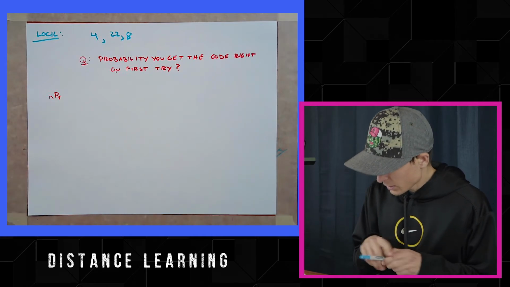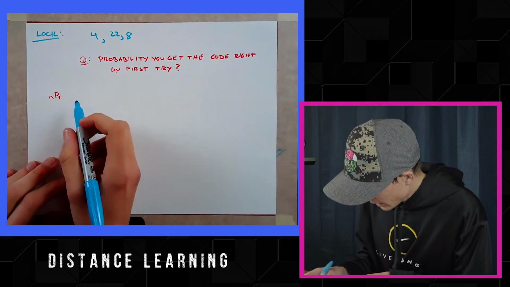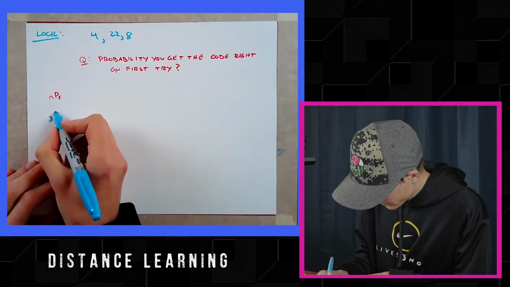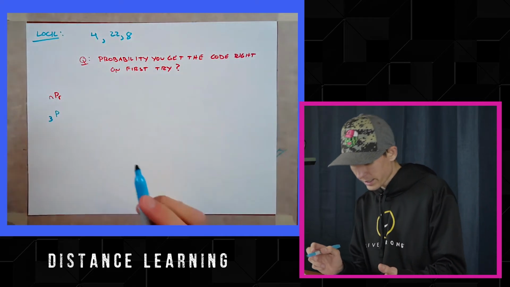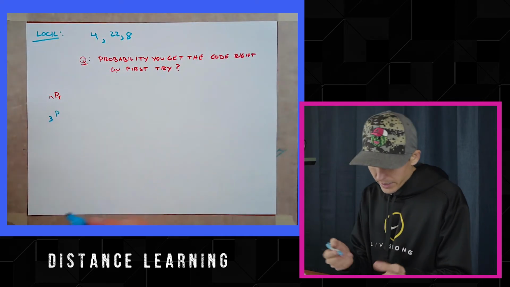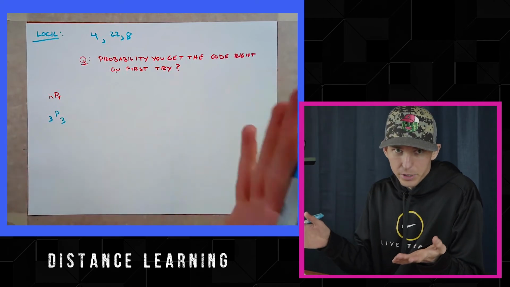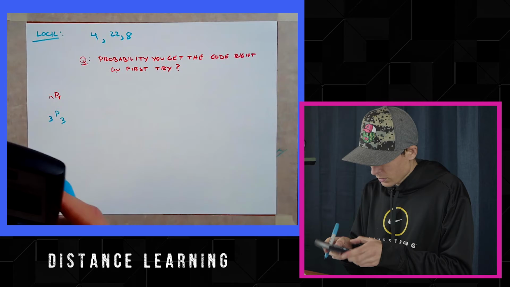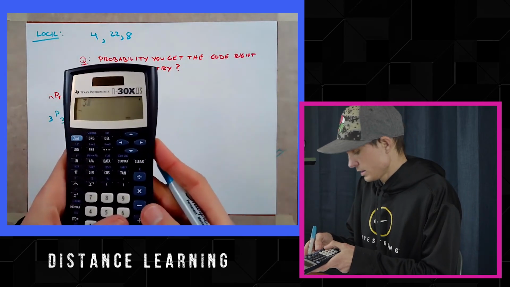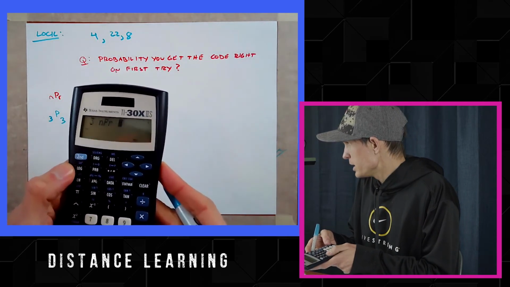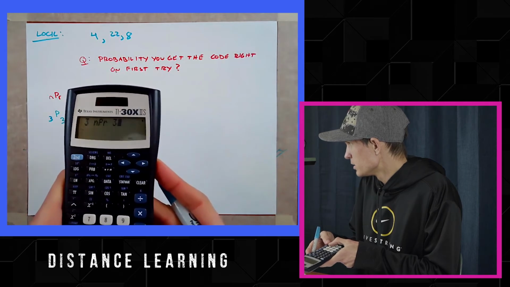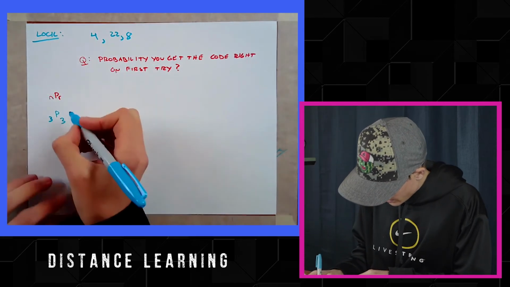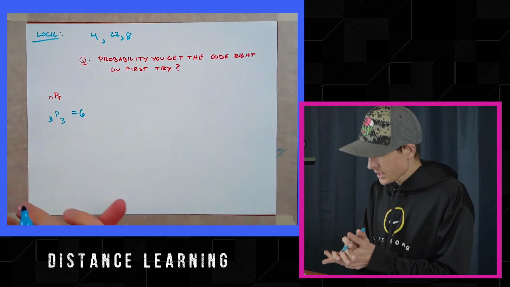So there's 3 numbers, and I need to pick all 3, right? I need all 3 of them. So, if you do 3 P 3, see there's a 6 right there. It equals 6. So there's 6 different combinations.